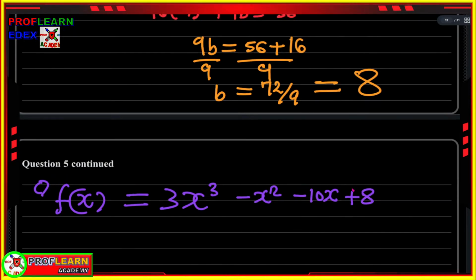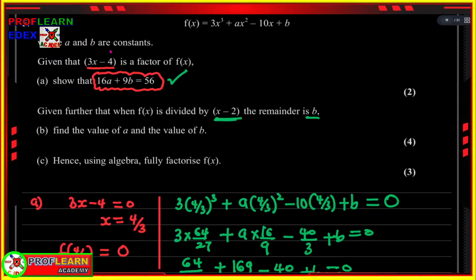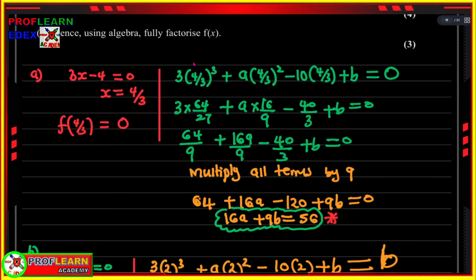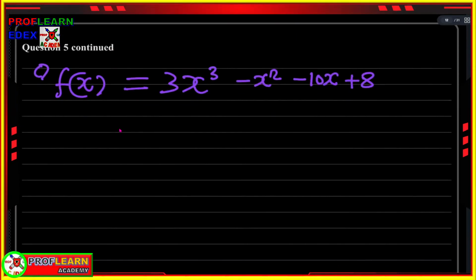But remember, we were told that 3x minus 4 is a factor. So we can use long division there so that we can get the quadratic factor. So if we take 3x minus 4, we use long division at that point.